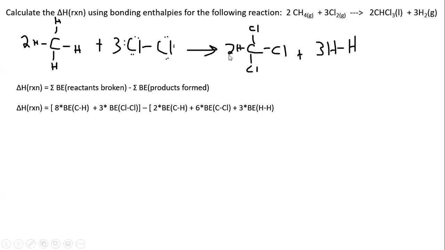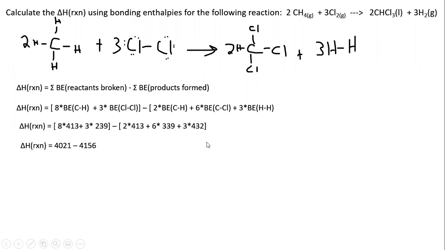And on the product side, we have 2 molecules of chloroform, so that means we have 2 CH bonds, 6 carbon-chlorine single bonds, and 3 hydrogen-hydrogen single bonds. So now we know what we're adding and subtracting. We can put in their bond enthalpies and determine the difference.